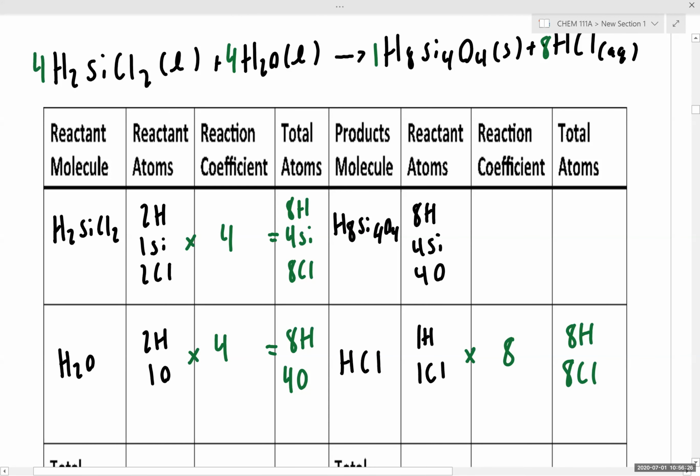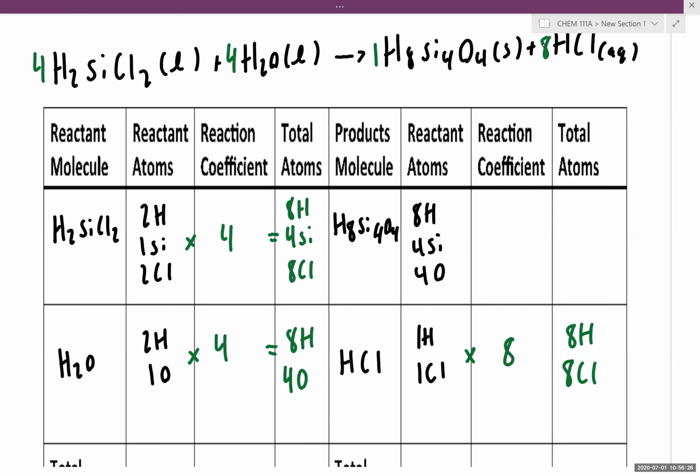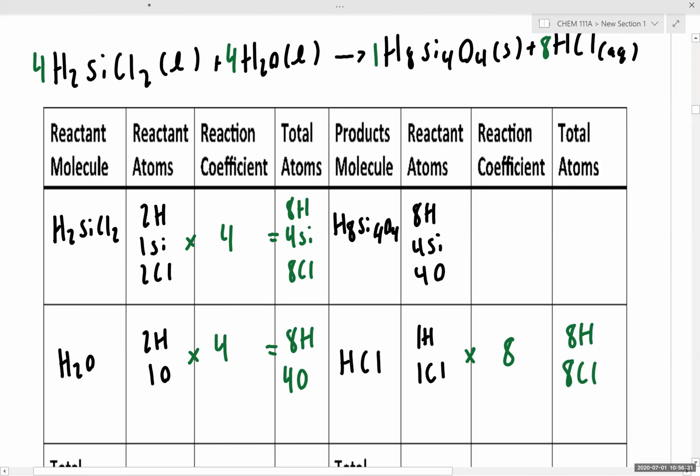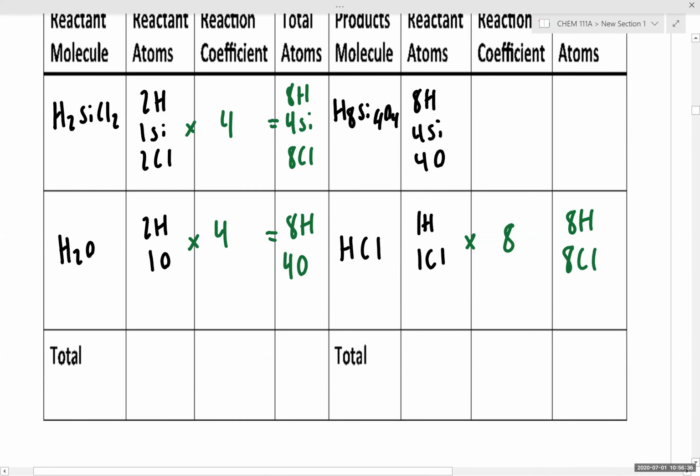And now what we're going to do, and this is really important, is we're going to add together all of our atoms of each element on the left and right-hand side of our chemical equation to write out our total. So in total, we have 16 hydrogens, 4 silicons, and 4 oxygens on the left. And we have 16, because 8 plus 8 is 16, hydrogens, 4 silicons, 4 oxygens, and 8 chlorines as well on each side.